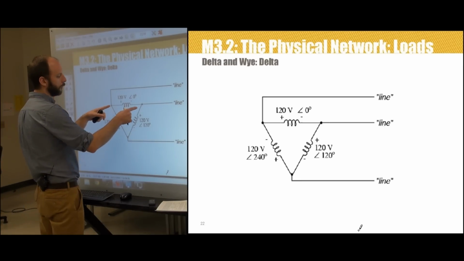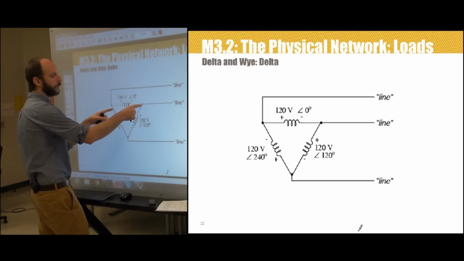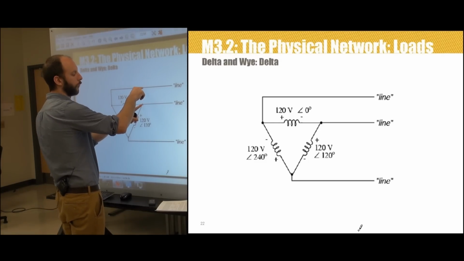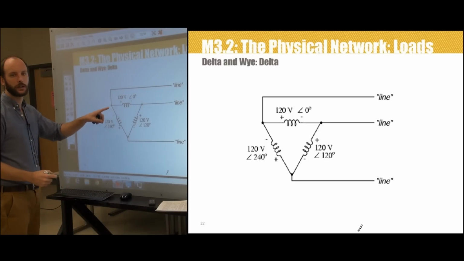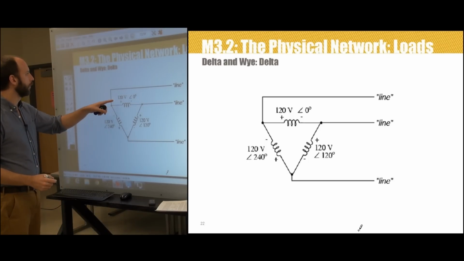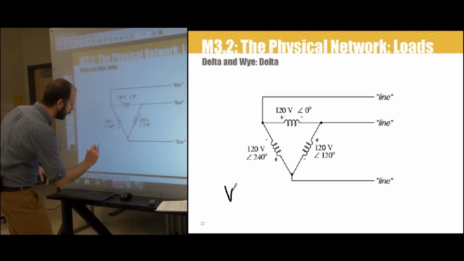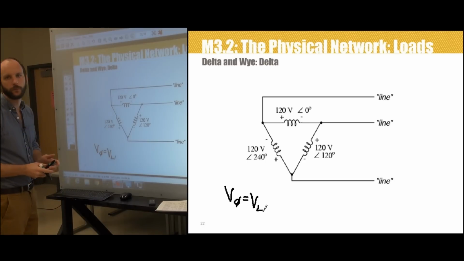If I were to measure the voltage across an element, which is the phase voltage, and the voltage from one line to another line, that's the same measurement. So in a delta circuit, the phase voltage is equal to the line voltage.